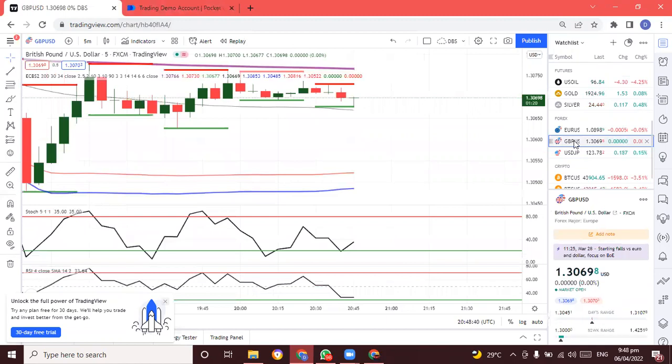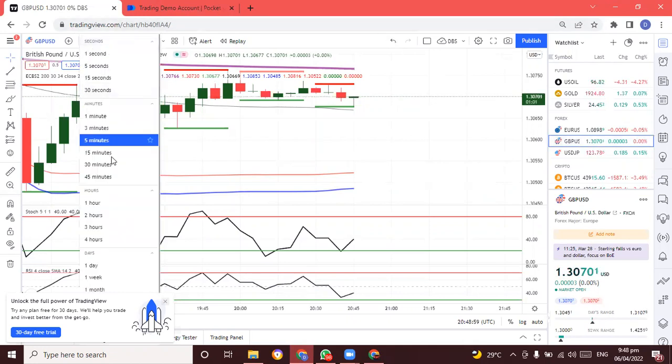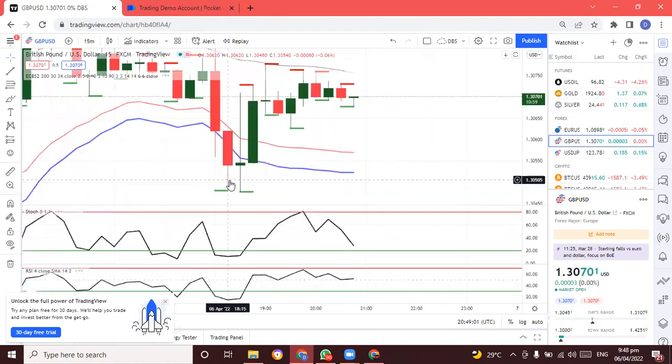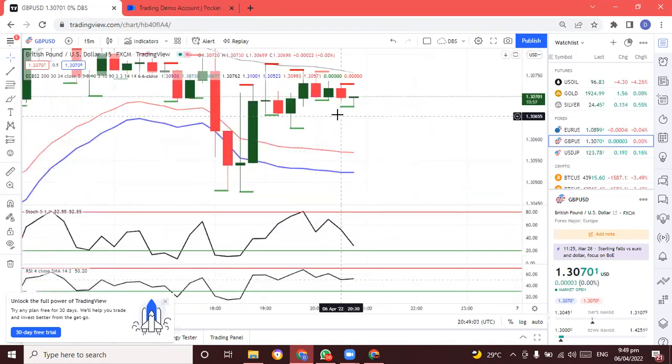Let's check GBP. It's almost getting ready for this. Okay, guys, just watch. I'm trying to understand what's going on in the market.